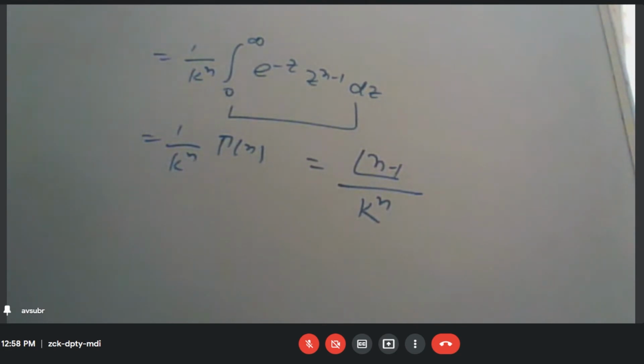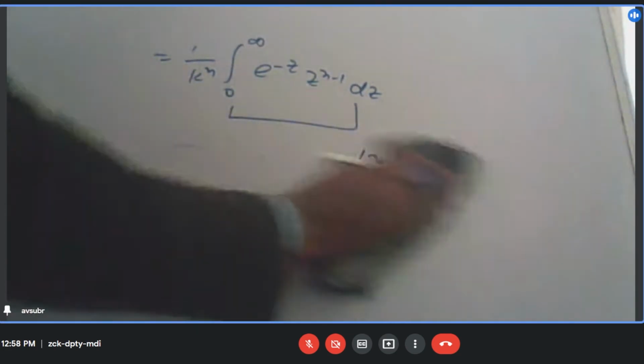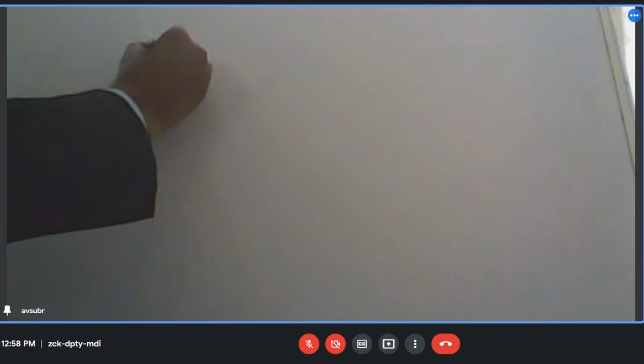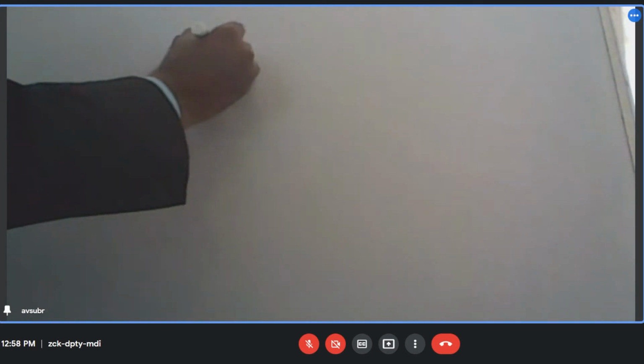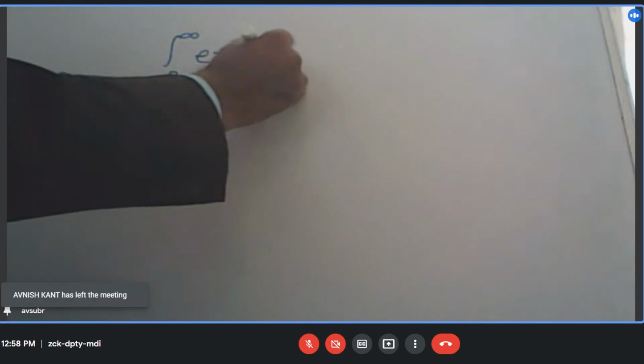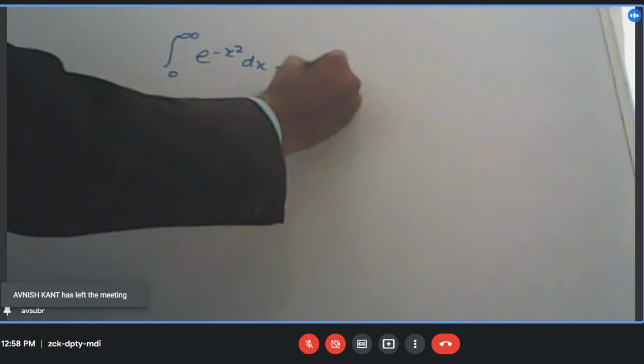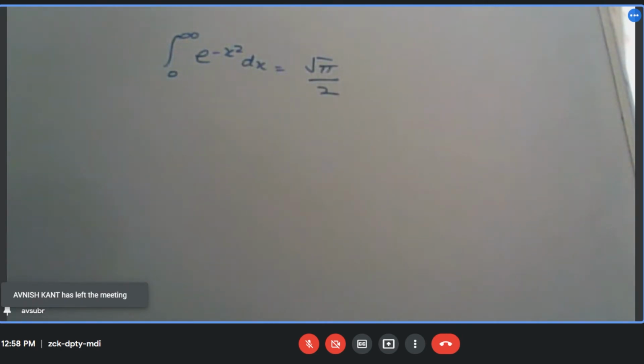All right. So now let us solve one more problem. We have to prove that the integral of e to the power minus x square dx, with limits from 0 to infinity, is equal to root pi by 2.